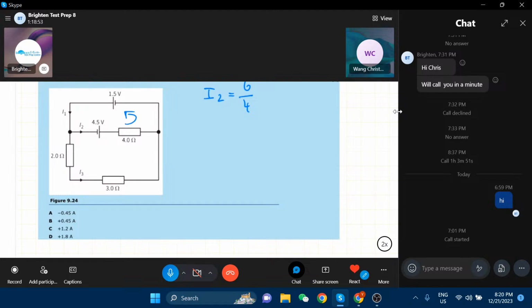And that would be 1.5. Okay, yeah. And is that something which is possible according to ABCD?